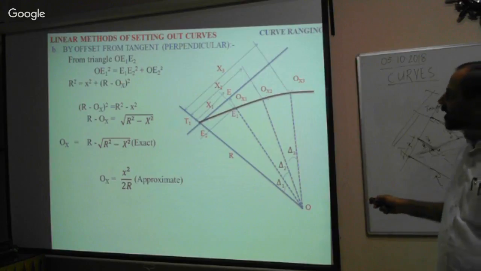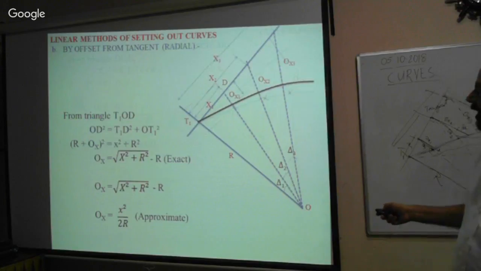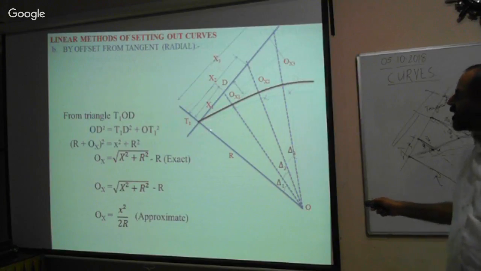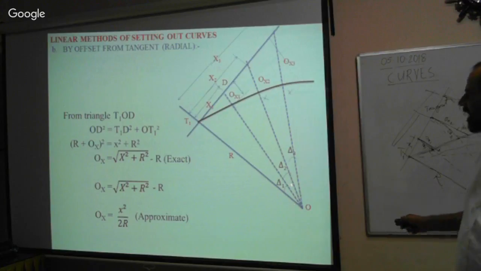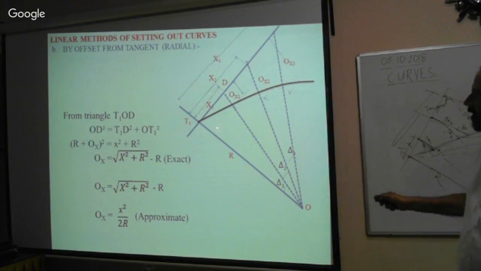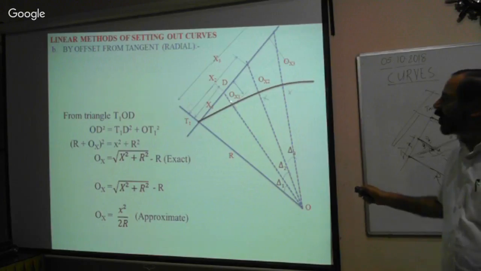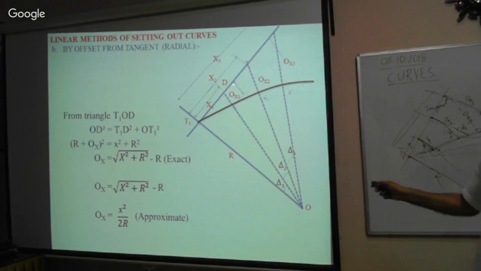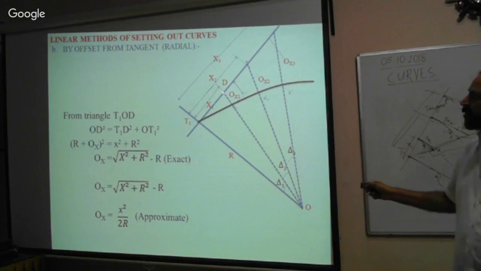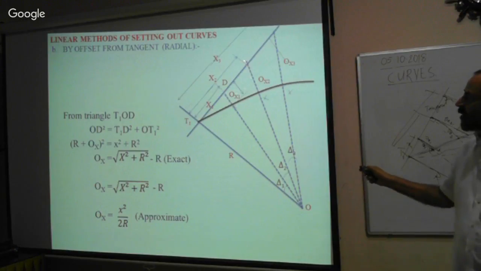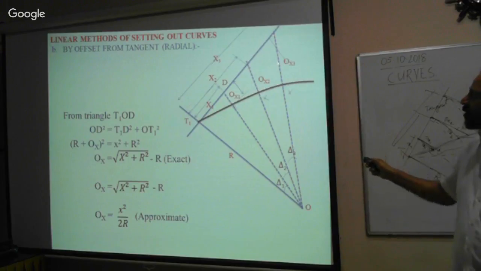Now again, let us solve the triangle. Only by solving the triangle can we calculate this. Consider the triangle T1D. This is the perpendicular here, and the radius is known. What is this? It is the radial offset from the tangent.